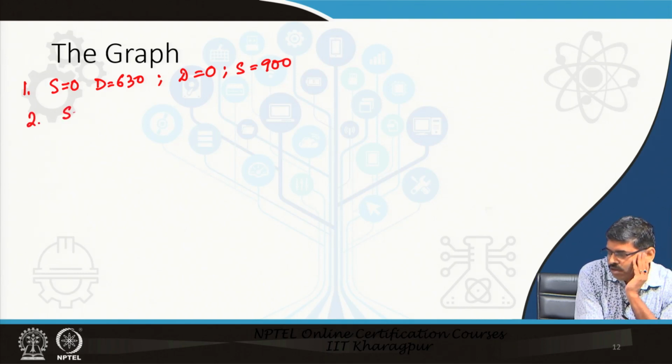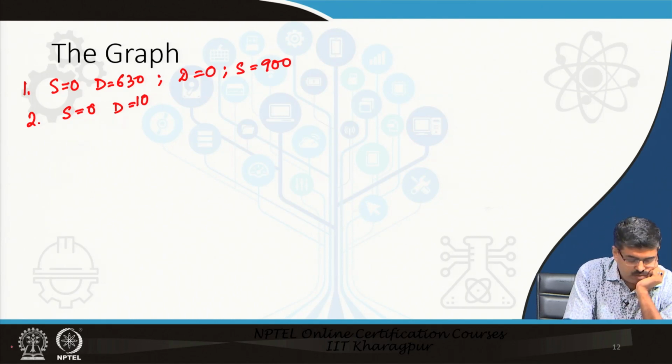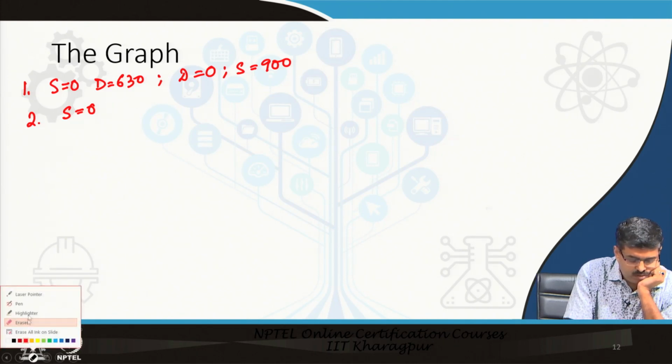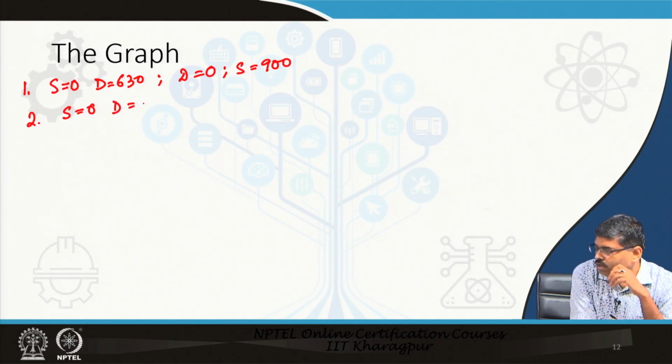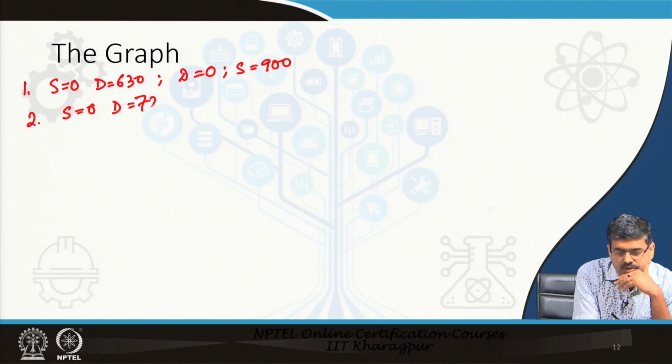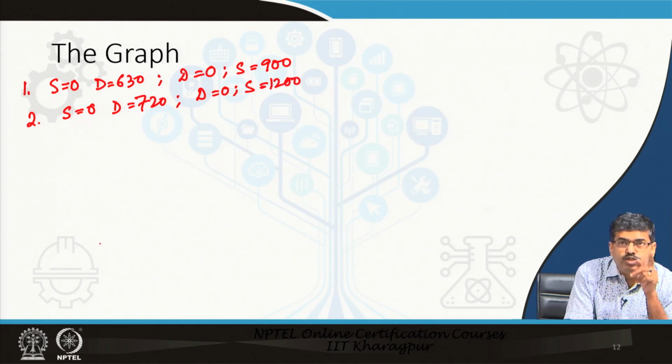Second equation we got S is equal to 0, D is equal to 720, D is equal to 0, S is equal to 1200. These two we solved.